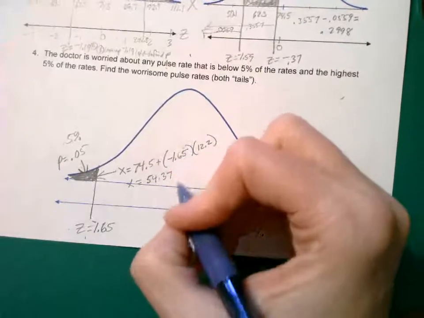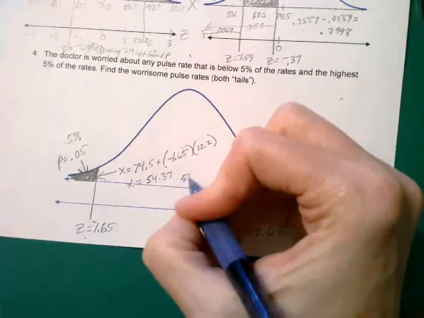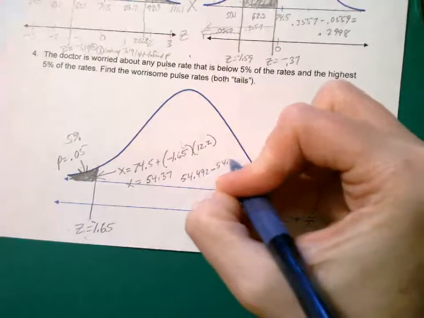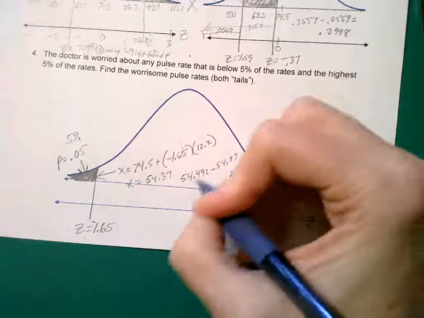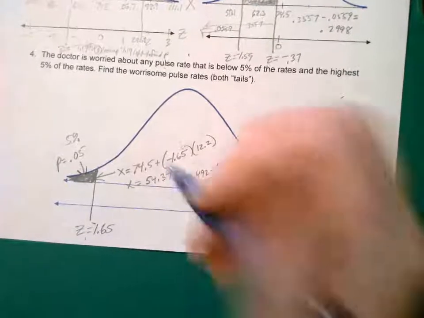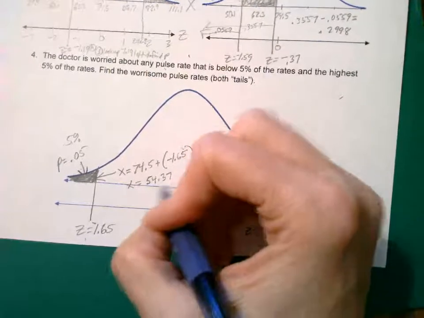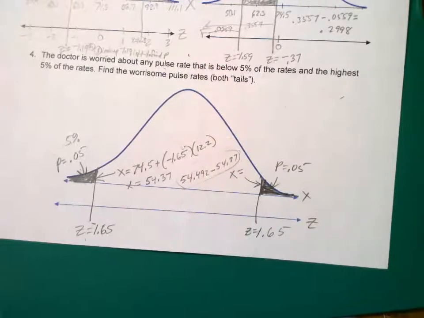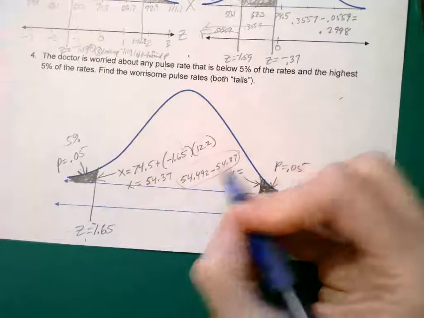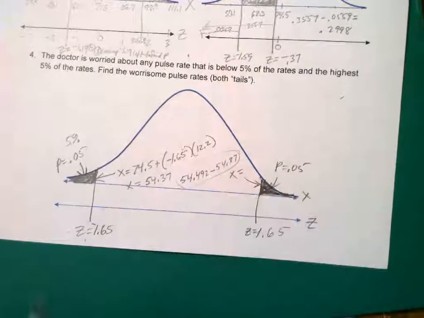Depending on what number you use here, you're going to get a range of 54.2 to 54.37. So anywhere in here I would take. It just depends on the method you're using. I used a 1.65. That's the most it could be. This rounds to a 5, so that rounds to a 4. So, you know, it's in that area they would be concerned about.